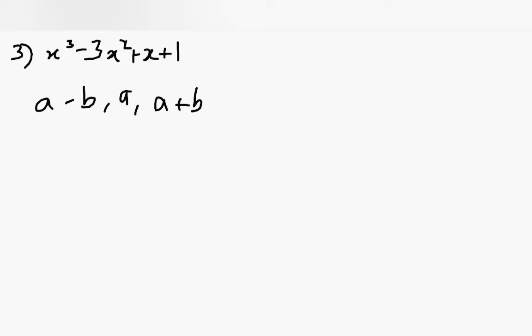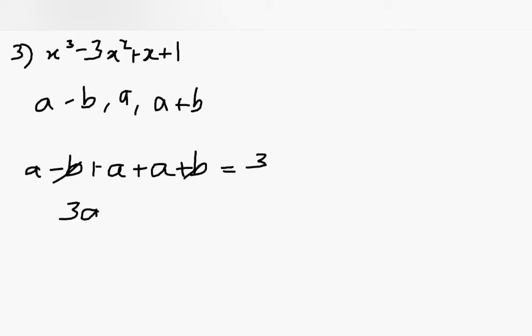Now we add, so a minus b plus a plus a plus b. When we add those, b gets cancelled, and this will be equal to minus of b upon a. So minus of b is minus of minus 3, that is 3, upon a is 1, so 3a. When we add them, we get 3a is equal to 3 and a is equal to 1, because 3 and 3 get cancelled.